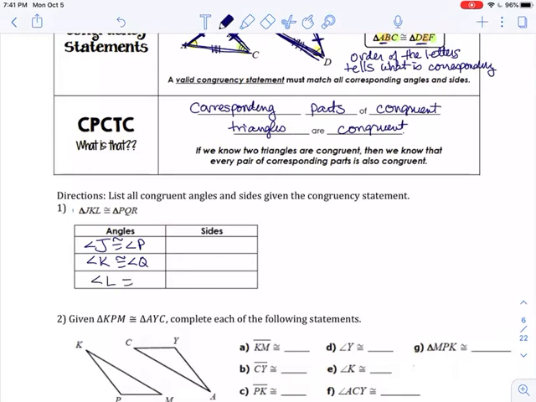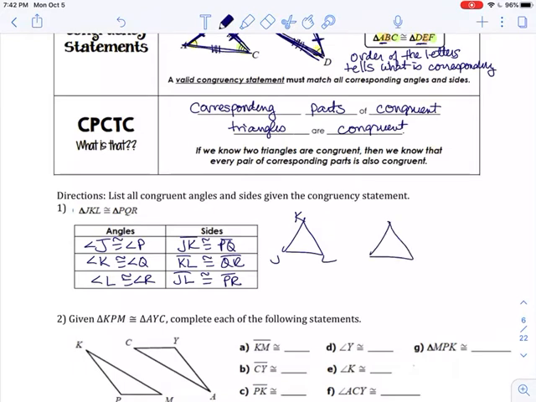Angle K is congruent to angle Q because they're both the second letter, and angle L is congruent to angle R. For the sides, JK, the first and second letter, is congruent to PQ. KL, the second and third letter, is congruent to QR. And JL, the first and third letter, is congruent to PR.